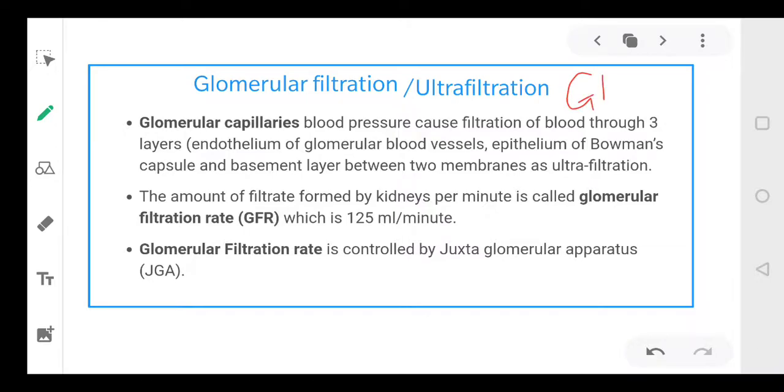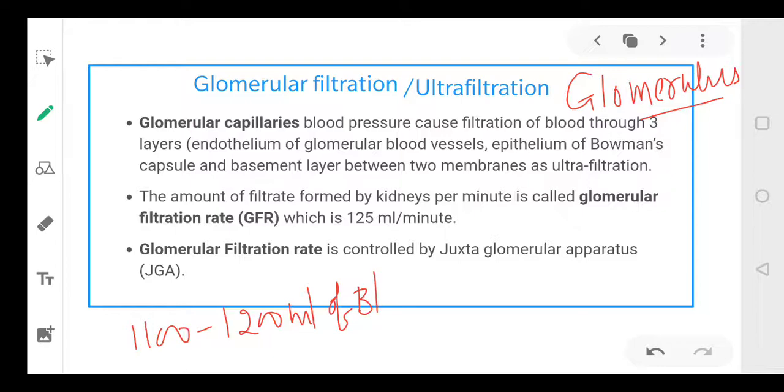So who will filter the blood, dear students? Glomerulus, right? On an average, 1100 to 1200 ml of blood is filtered.